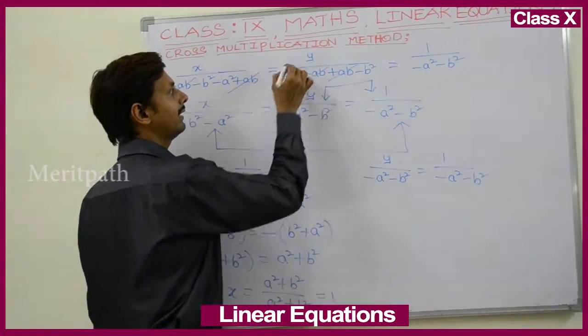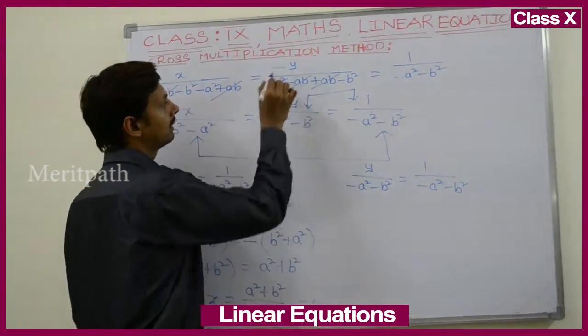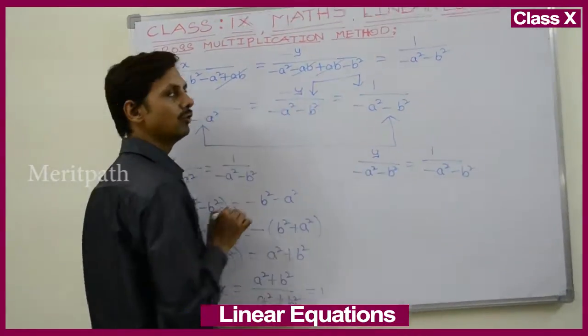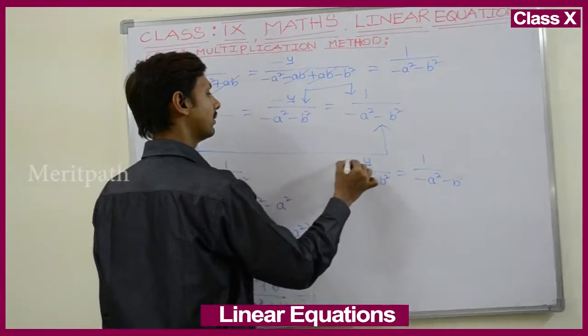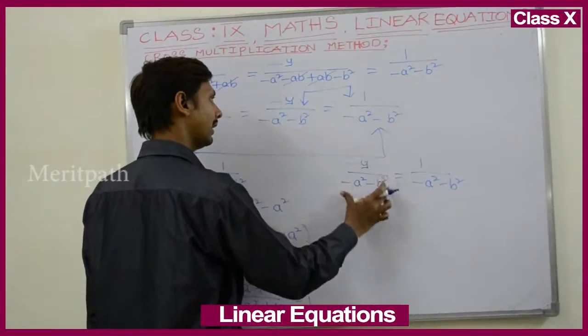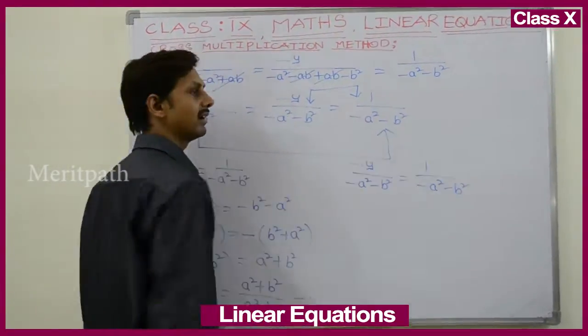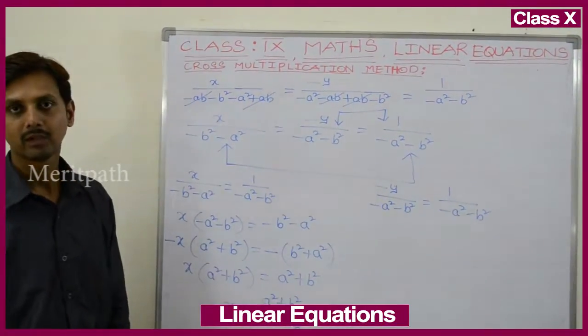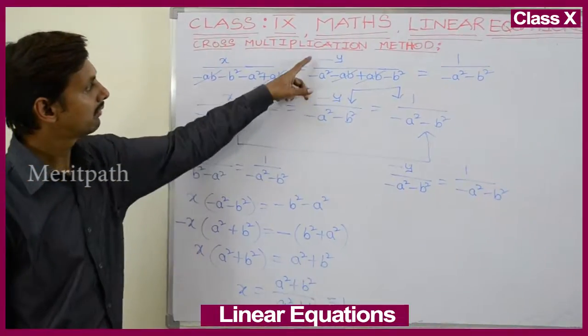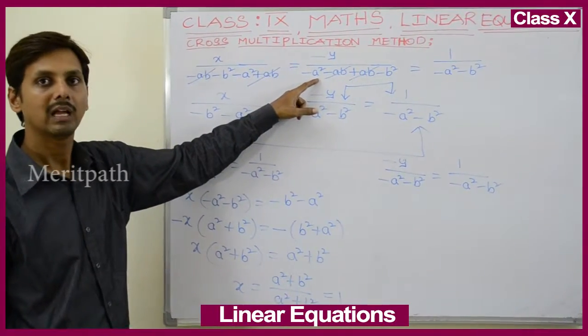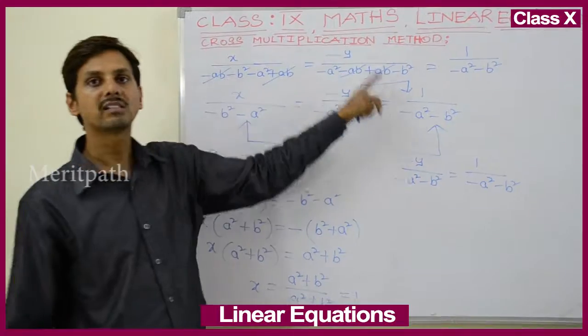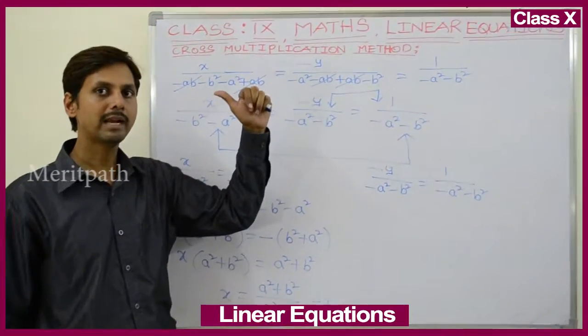So when we take the value of minus, here we get minus y. Then when we equate this, minus y by minus a square equals 1 by minus a square minus b square. Let us recall the formula. We have minus y by coefficients of x and constant values, from the previous slide.